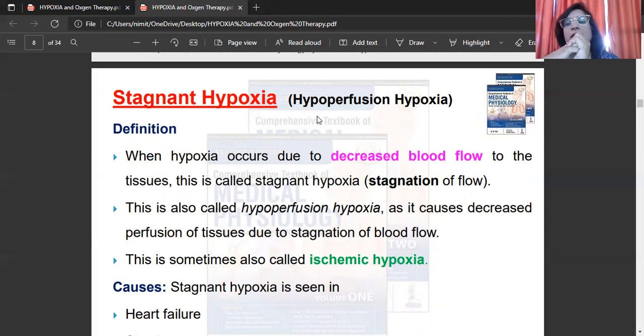Whenever hypoxia occurs due to decreased blood flow to the tissues, this is called stagnant hypoxia, as there is stagnation of the flow.